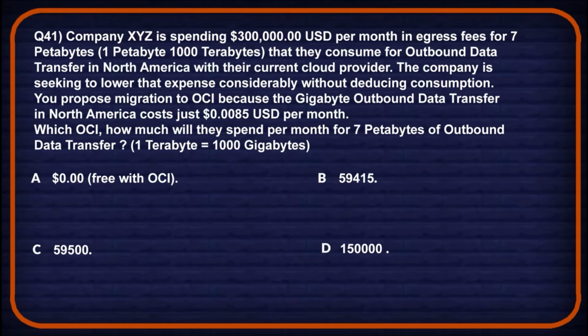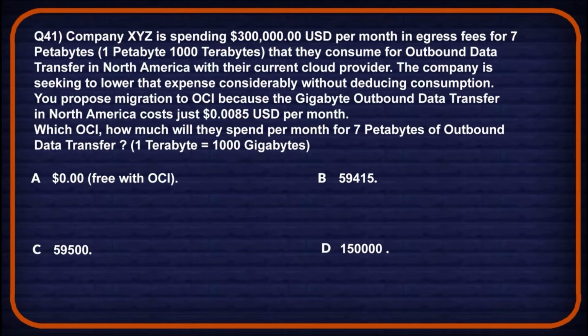The company is seeking to lower the expenses considerably without reducing consumption. You propose migration to OCI because the gigabyte outbound data transfer in North America costs just 0.0085 USD per month. With OCI, how much will they spend per month for 7 petabytes of outbound data transfer? 1 terabyte is equal to 1000 gigabytes.